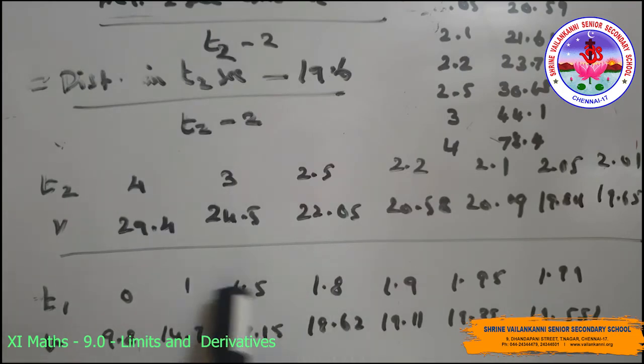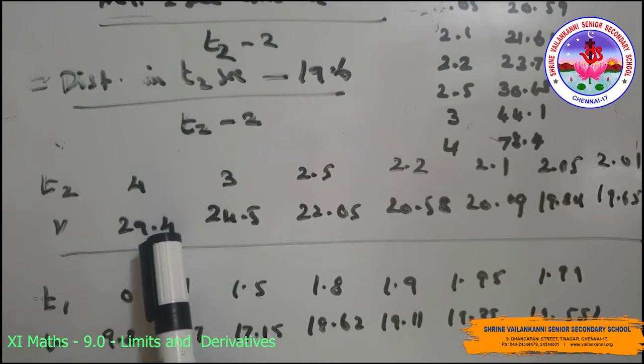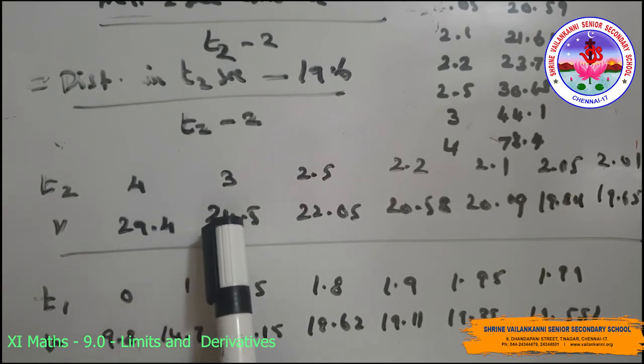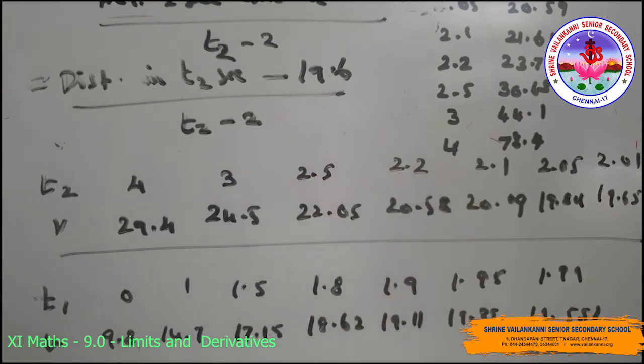In the first table, we found the average velocities for increasing time intervals ending at t equal to 2. In the second table, we have found that the average velocity is decreasing in time intervals starting at t equal to 2.